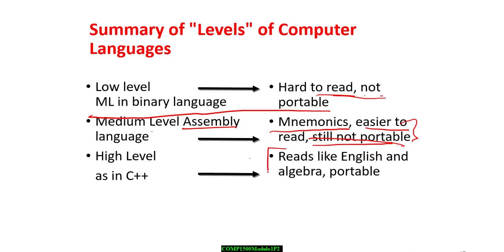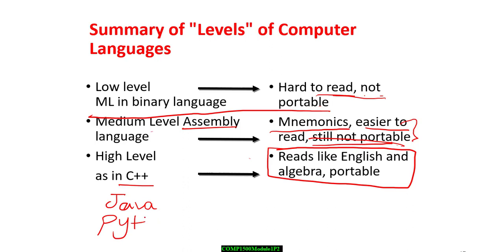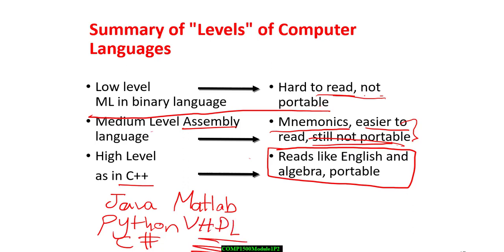On the other hand, we have the high-level programming languages such as C++, Java, Python, C#, and for engineers, we are going to use MATLAB, and VHDL. All of these are programming languages. These are newer languages which are portable and easy to read.